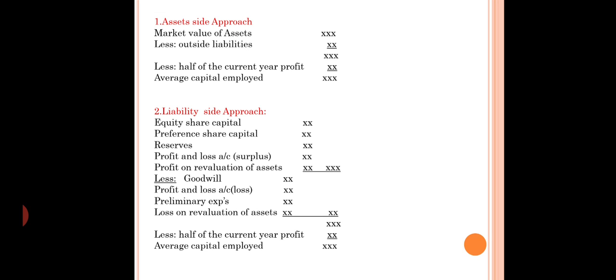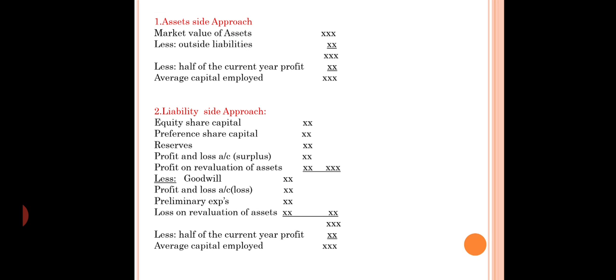Then next is the liability side approach. Here, first you have to consider the owner's capital and the reserves. Equity share capital and preference share capital are also called owner's capital, then reserves and surplus, that is the profit and loss account. In case there is any profit on revaluation of assets, you have to consider it.